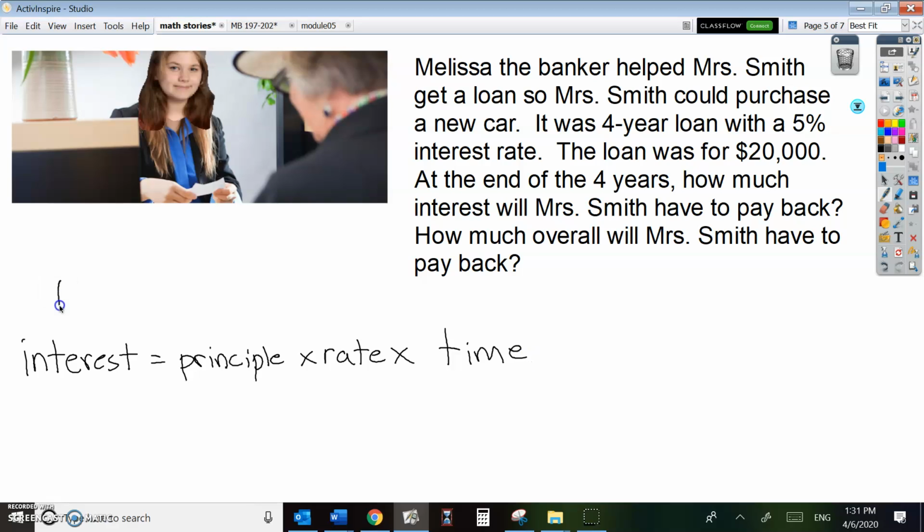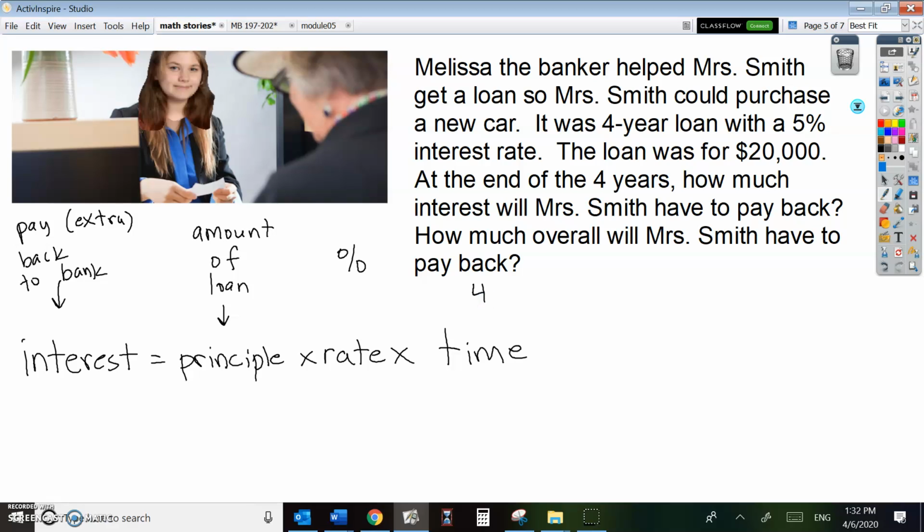The interest is the money that she has to pay back to the bank. The principal is the amount of loan. The rate is a percentage, and the time is 4 years.